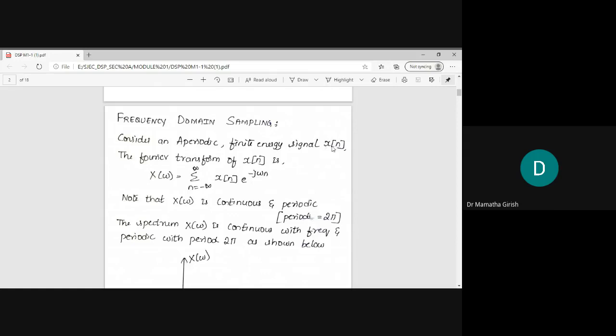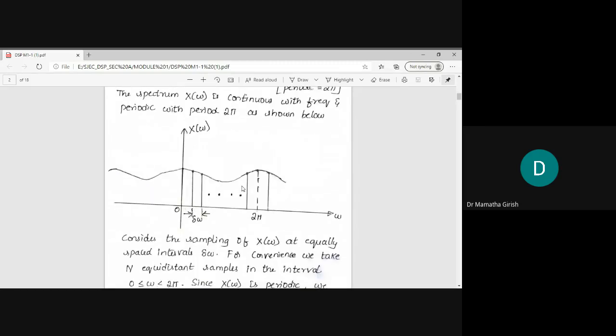By subjecting x of n to Fourier transform, I get the frequency spectrum X of omega using this basic formula. As I showed you earlier, if you plot the spectrum X of omega with respect to omega, this is how the spectrum looks, which is continuous in nature.